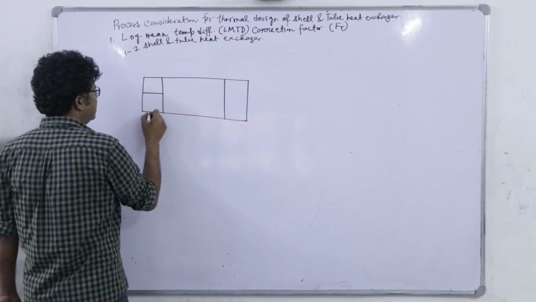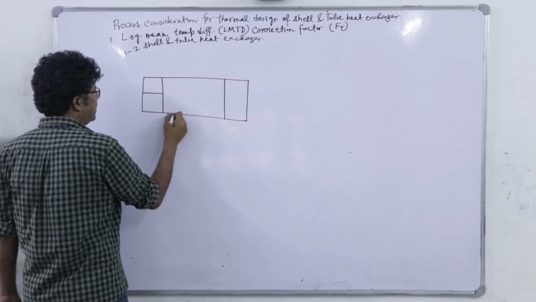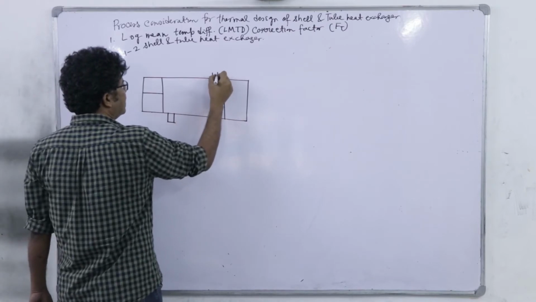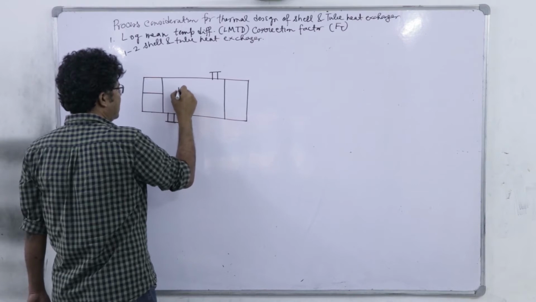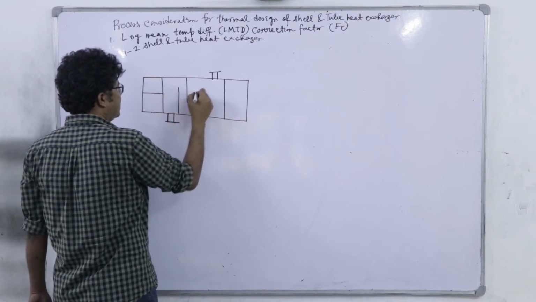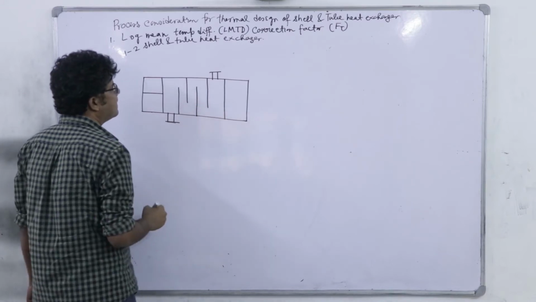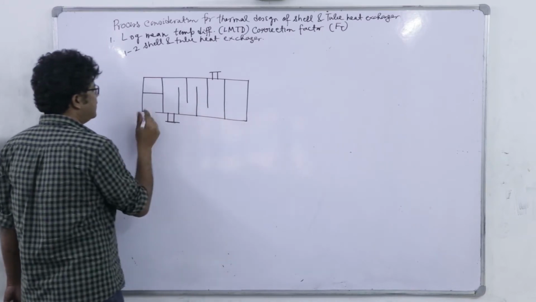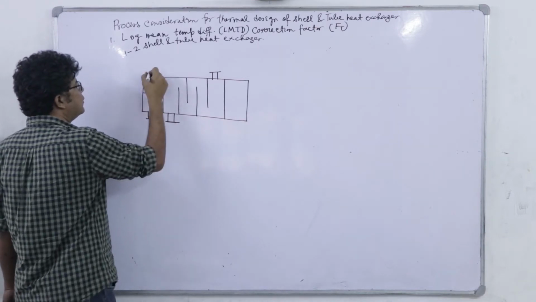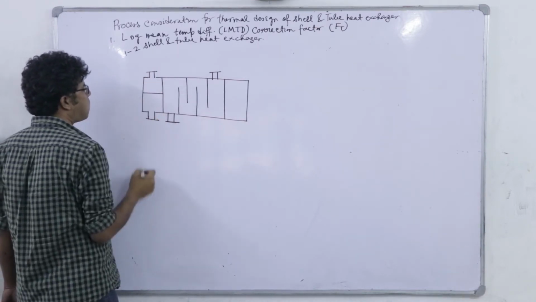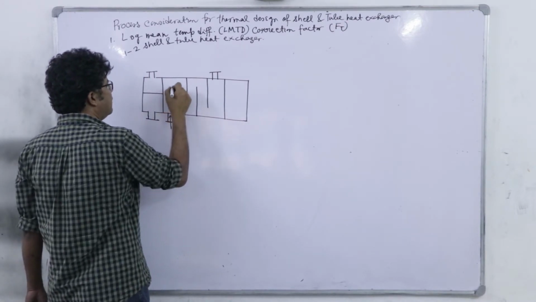If the arrangement is something like this and we have the baffles here, and we have the tube side inlet here and tube side outlet here, the shell fluid will move like this.